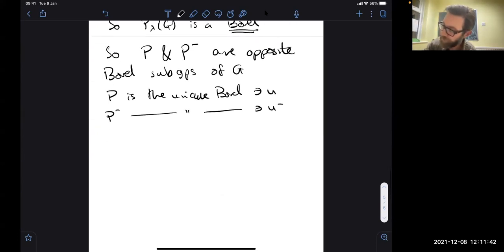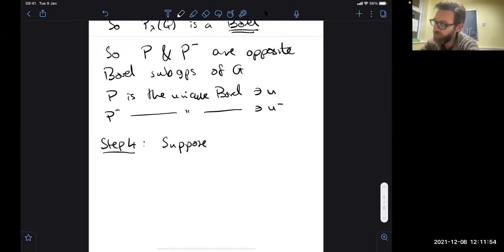Okay, so we're done now. This is a very short final step. So what am I after in the end? I'm after showing that my subgroup H is one of these irreducible subgroups. So let's try and stick it inside a parabolic.